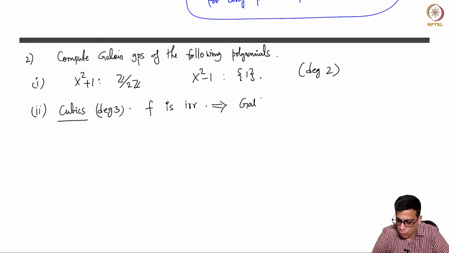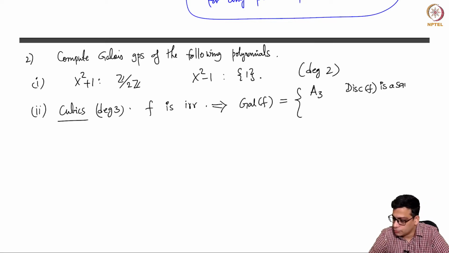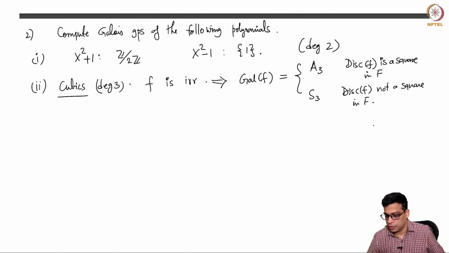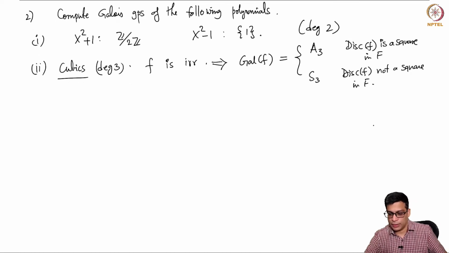Then the Galois group of f is A3 if the discriminant of f is a square in the base field where f is defined. This is just to recall what we have done. If the discriminant is not a square, that means the Galois group is all of S3.